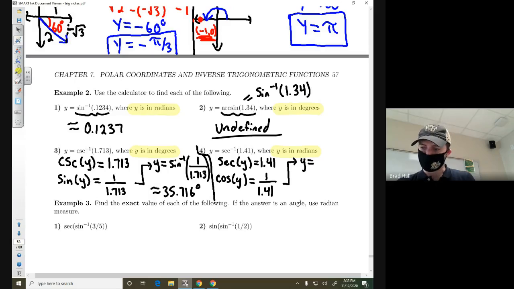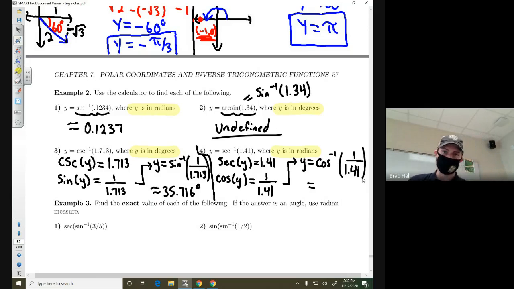So y is cosine inverse of 1 divided by 1.41. And remember, this should be in radian mode, so your calculator should be in radians. And cosine inverse is something you can put in the calculator. I get 0.7824. Again, it doesn't matter.